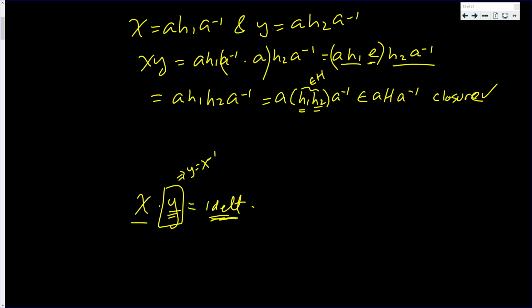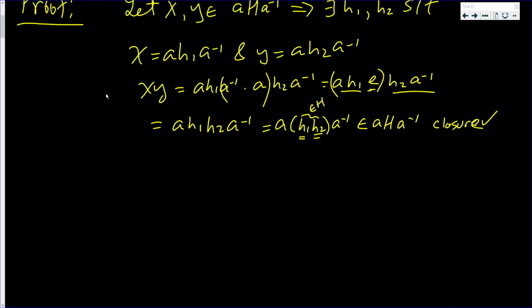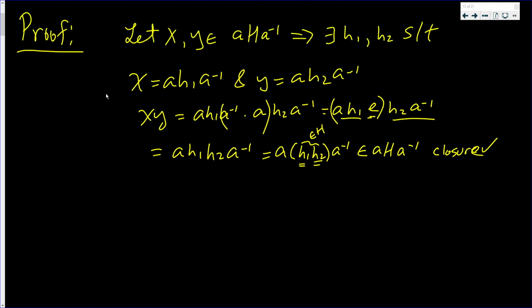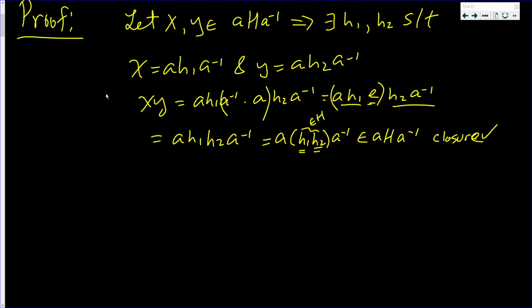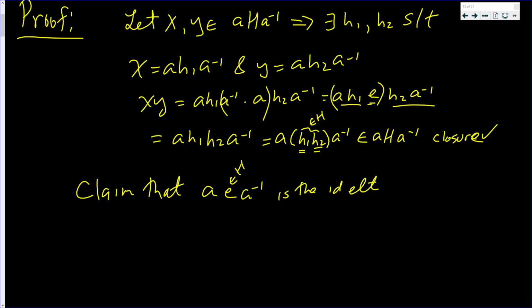But you need to know the identity element first. So although we don't have to prove that there's an identity element, we have to know what it is. And I claim that a e a inverse, remember H is a subgroup, so e is in H, is the identity element.